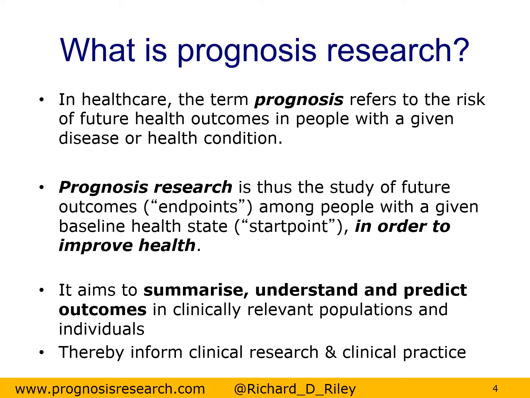So the research is trying to understand, summarize, and predict outcomes in those clinically relevant populations and individuals. Clearly, we want to inform clinical research and improve clinical practice, but the ultimate aim is to improve the health and well-being of populations and individuals, and to reduce the risk of adverse outcomes from occurring.